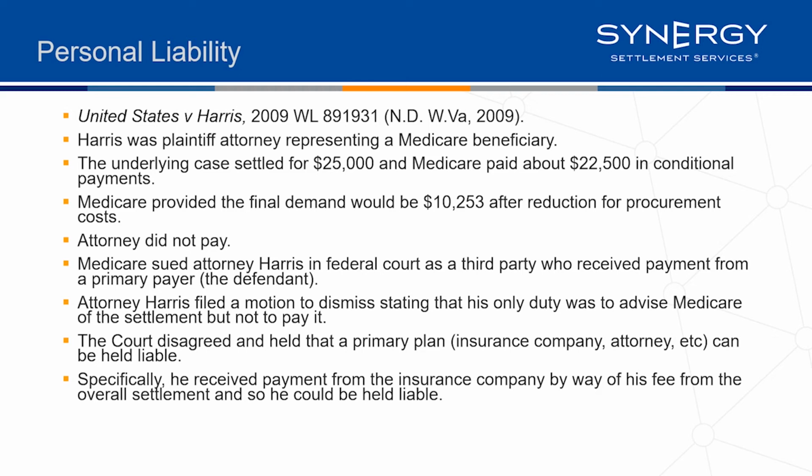It's unclear why the attorney thought that all he had to do was advise Medicare about the settlement, especially when they had a conditional payment demand, which clearly sets out what the obligation is. So the attorney in a case should really pay attention to make sure that the conditional payments being claimed in connection with the settlement are resolved.